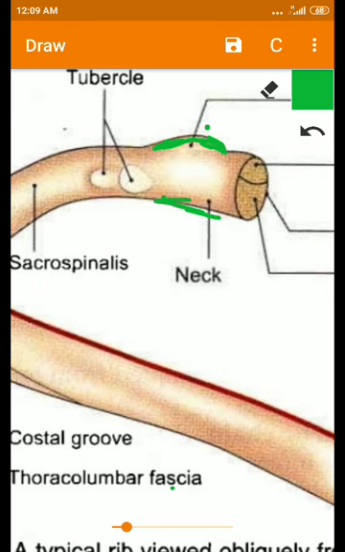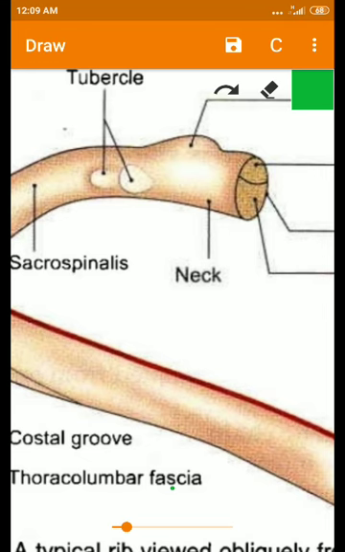So the anterior surface as well as the lower border of the neck give attachment to the internal intercostal membrane. Keep it in mind: when we are dealing with the internal intercostal muscle, you have to remember this point. This is about the neck, which is present on the posterior end.